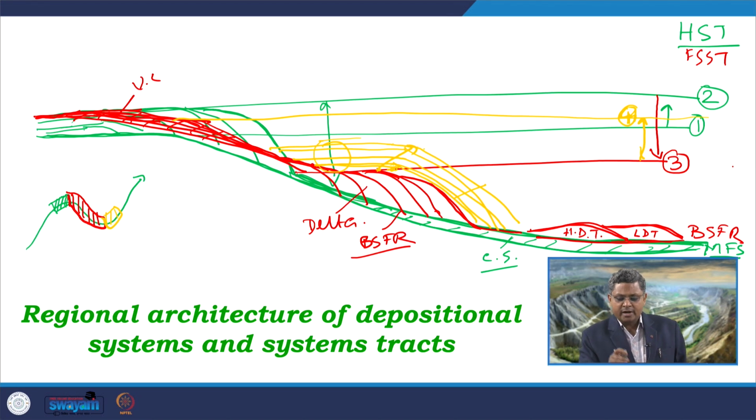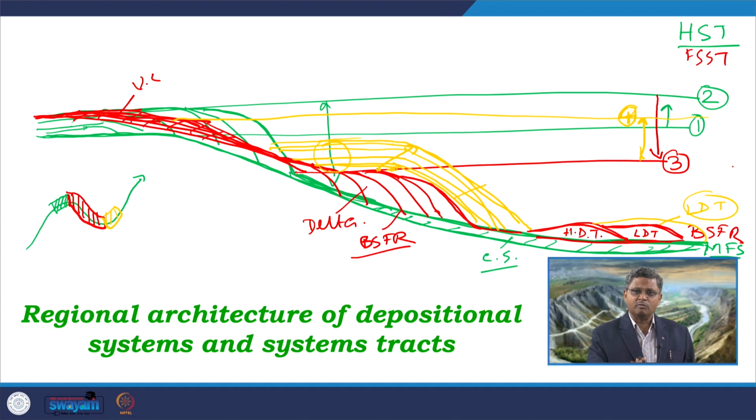Since we are now having a relatively higher water depth, the supply of coarser clastics will be less. So what we expect in this part is lobes of low density turbidites. They will form in this kind of condition. So during this particular phase of the lowstand systems tract, what can you expect?